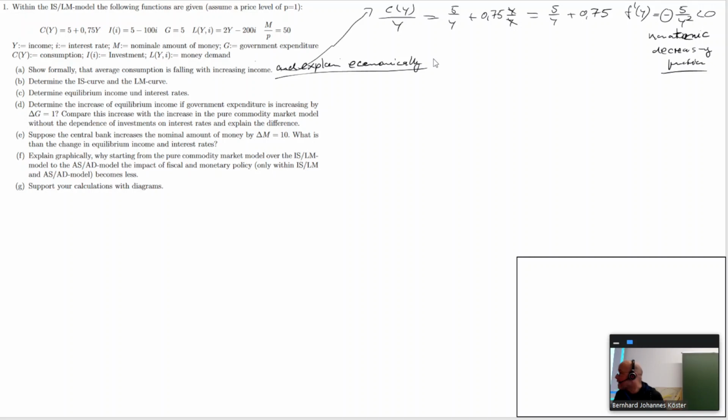And if we find this in the data, then our mathematical modeling should also show these effects.